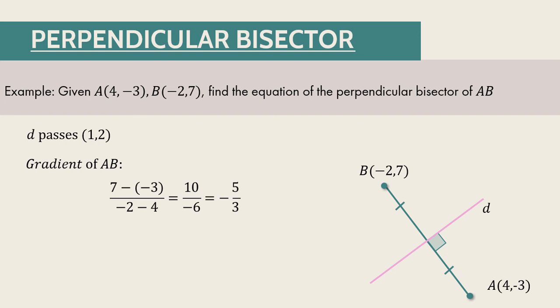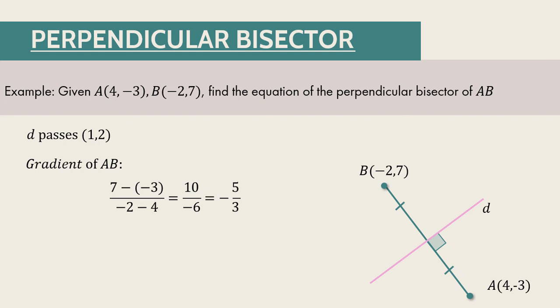And as you remember from the previous lesson, or maybe the lesson before that, two lines are perpendicular to each other if the product of their gradients equals -1. So now we have the gradient of AB is -5 over 3.